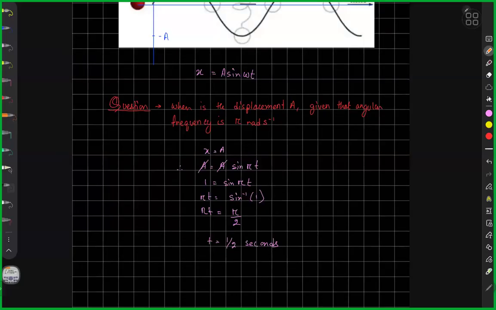I'll tell you, find how long it takes for the bob to reach x naught or the amplitude position the first time, given omega is 3.5 pi. Can you guys do this? Find the time. And one example is right in front of you of how to do it.